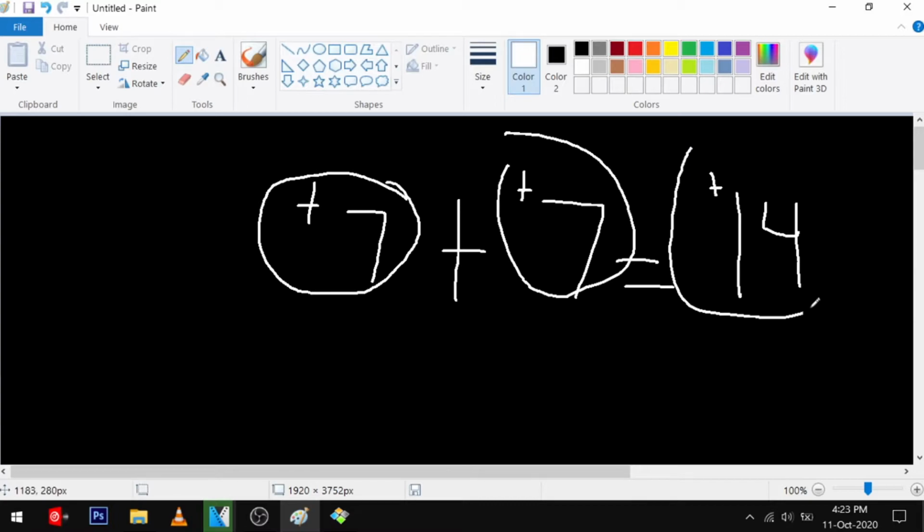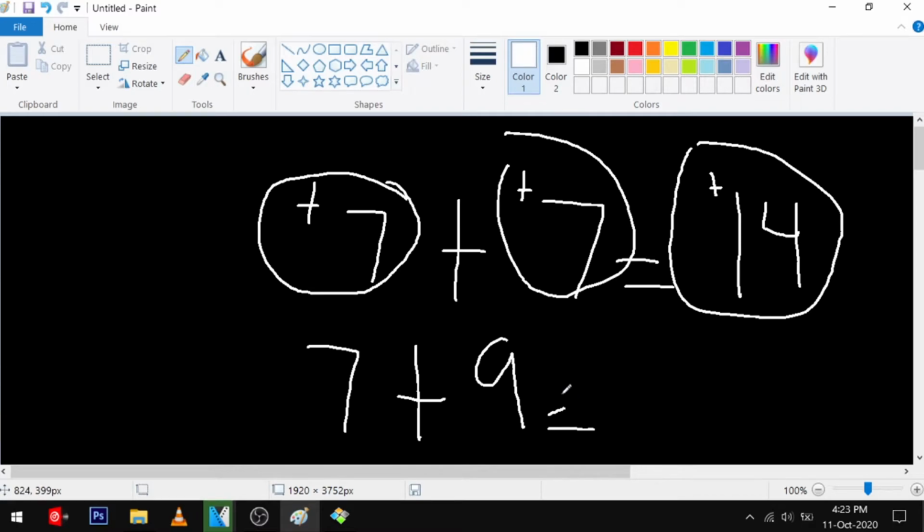14. Okay, very easy. Sometimes you'll notice that in other exercises you don't have the plus symbol. All right, but even if it doesn't have the plus symbol, as long as it doesn't have the negative symbol, that means it's positive. I'll give you an example. 7 plus 9.